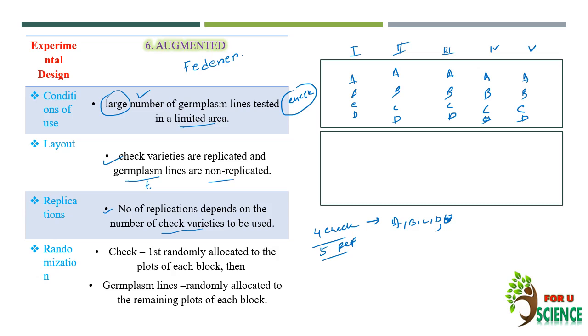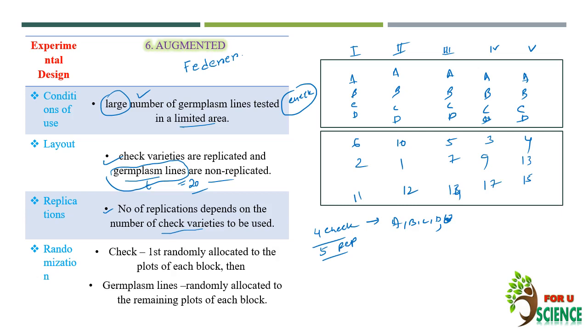But in the case of our germplasm lines, or actually the treatments, suppose there are about 20, we don't go for replication. We just allocate them like 6, 10, 5, 3, 4, 2, 1, 7, 9, 13, 15, 17, 14, 12, 11, like that.